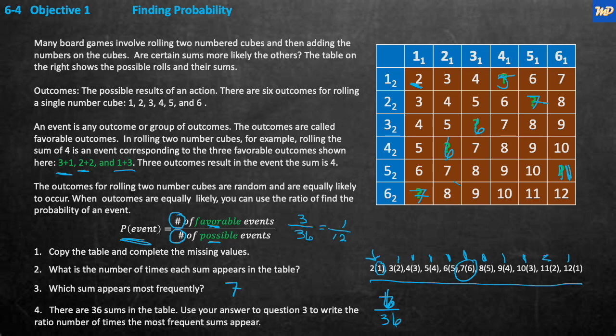And that equals 1 over 6. 1 in 6 times. So if you roll the cubes 6 times, you should come up with a 7 at least one of those times. So that's the probability. The probability that a 7 will come up is 1 in 6.